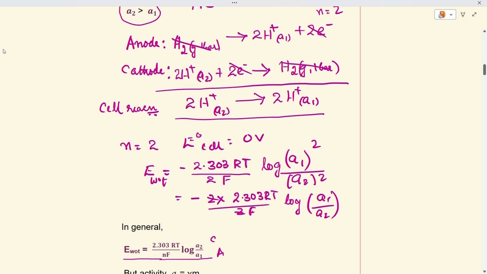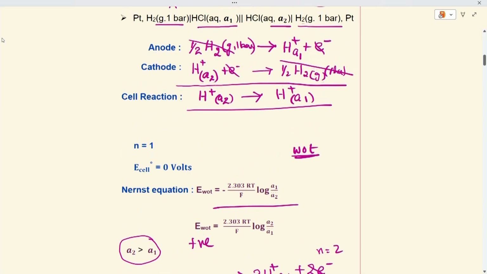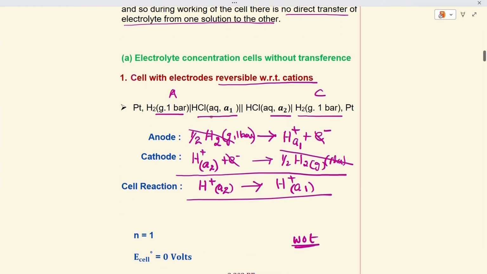Okay. Now, one more point I would like to mention here is that we have only one of the ions involved, though we are taking the HCl solution. See, here we have been taking HCl as electrolyte, while in the Nernst equation there is an involvement of the activity of H plus ions only.